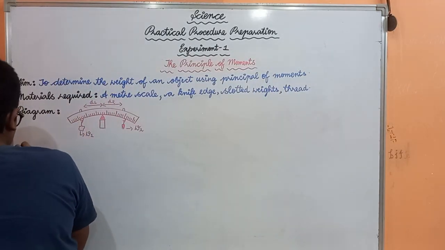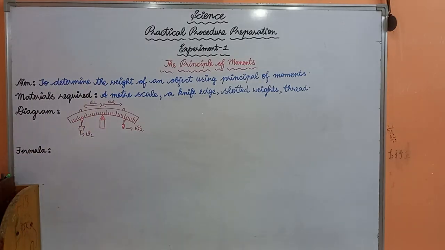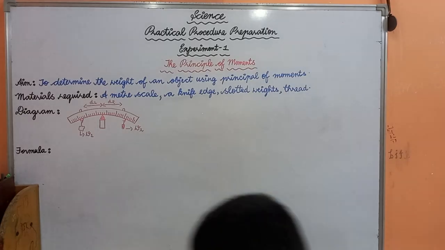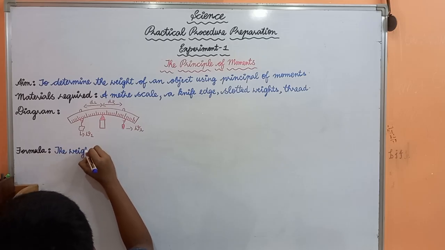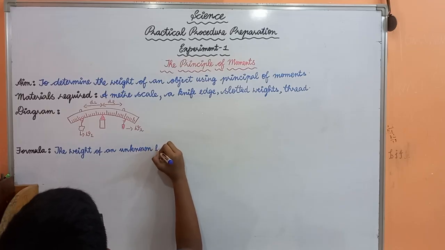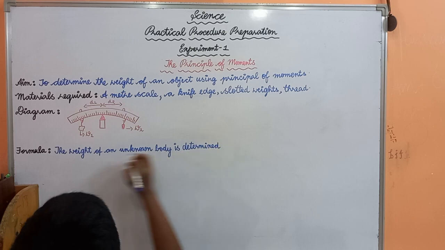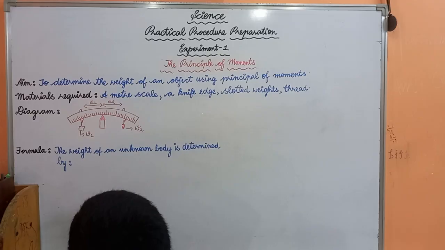So the weight of an unknown body is determined by this formula. W1 is the unknown one, W2 is the known one.